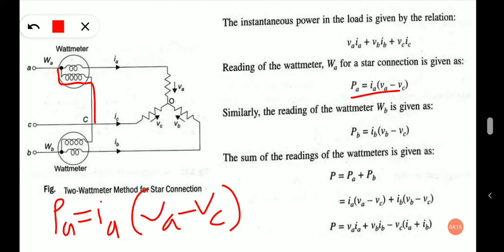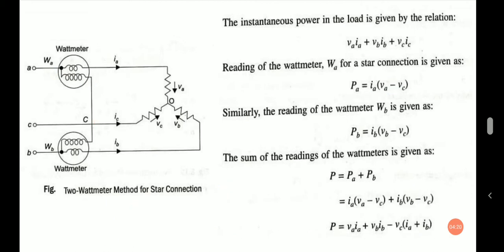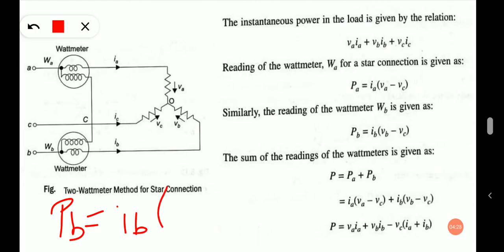Similarly, the reading of wattmeter WB is PB equals IB times (VB minus VC).